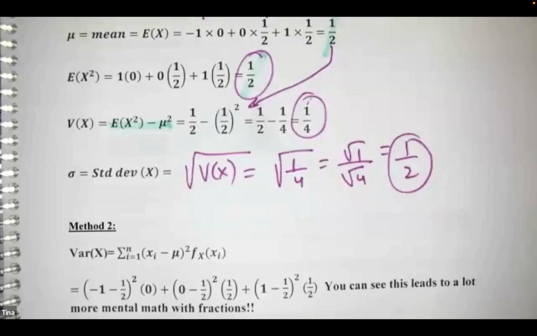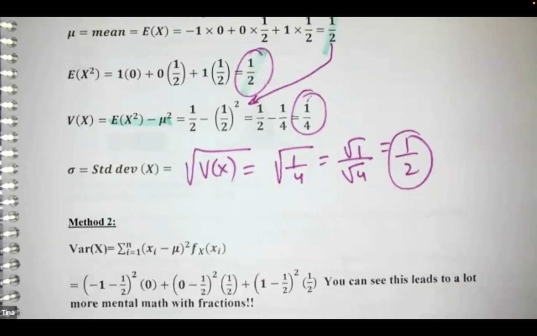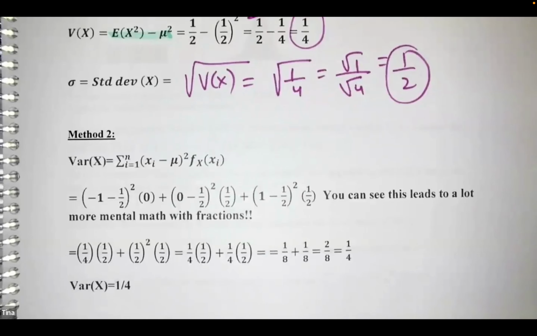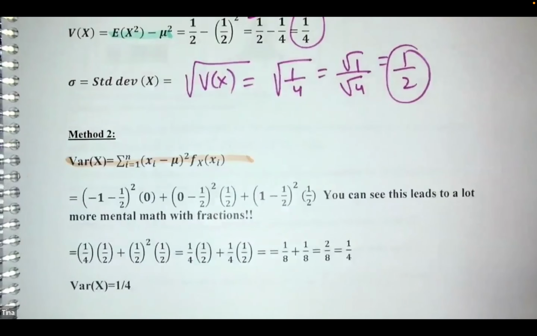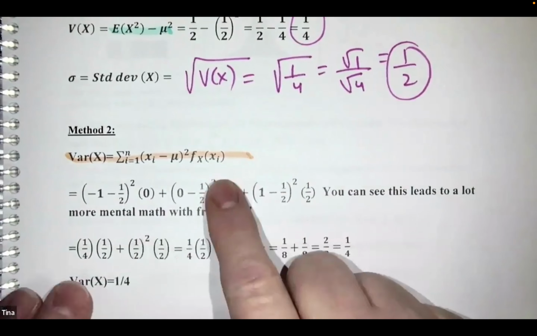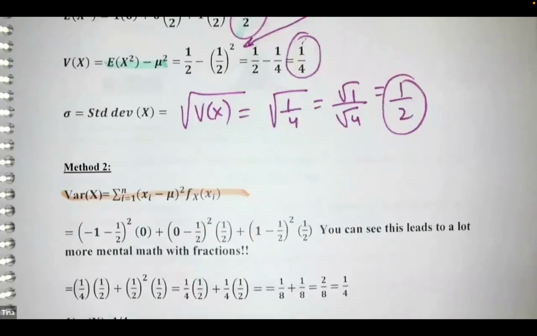So if you learned that formula in high school, then you're used to squaring your numbers, then you can use that, right? E of x squared minus mean squared. If you want to use this formula instead, then you're going to take every x value minus the mean squared times the probability.